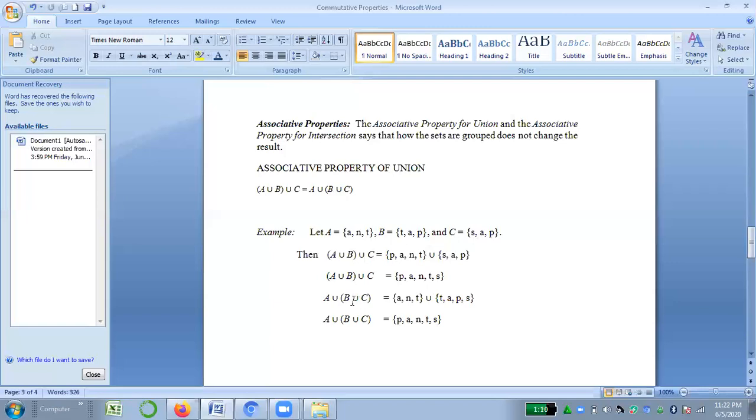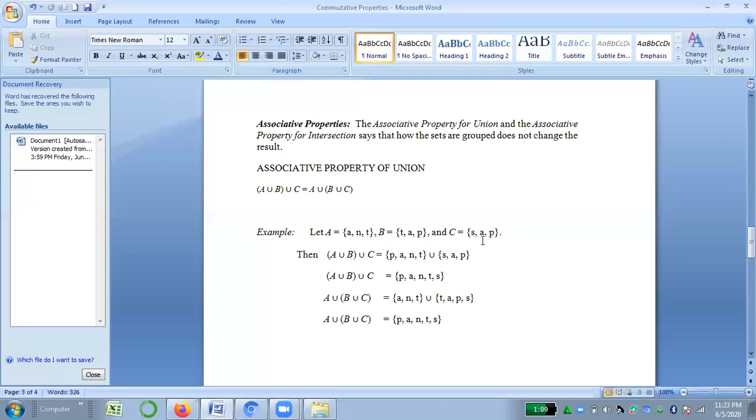So we first need to solve the B union C. So this is the answer. This is the set B, this is the set A, and then this T, A, P, S is the answer of B union C. This is T, A, P, S is the answer of B union C, because this is set B and these are the elements T, A, P, and in the set C, only the S element is not common in B. So we have written that.